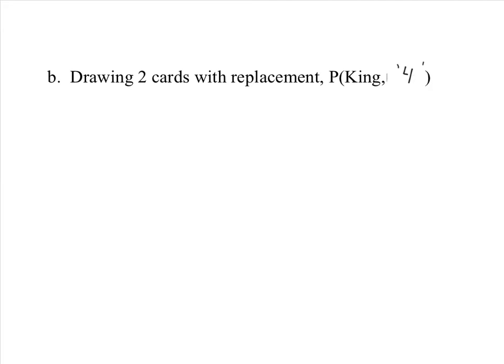Here we're asked to find the probability of drawing 2 cards with replacement, first getting a king and then a 4. So we are going to set up 2 multiplying fractions for the 2 cards. The first card represents the king, the second card your fours. Your total you begin with is 52 cards. 4 are kings.